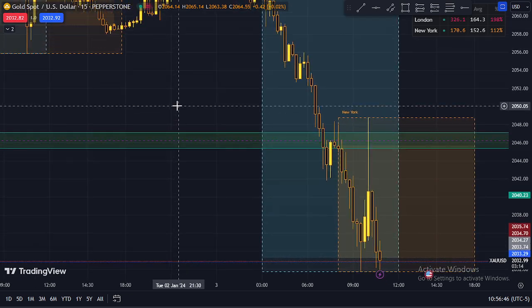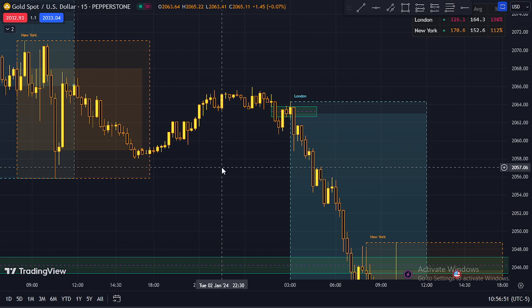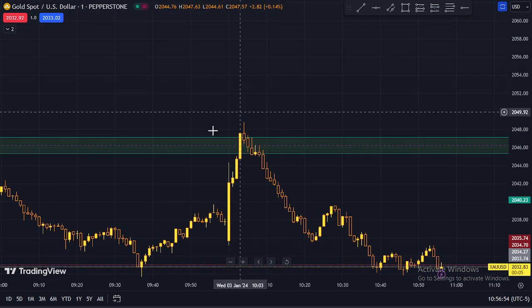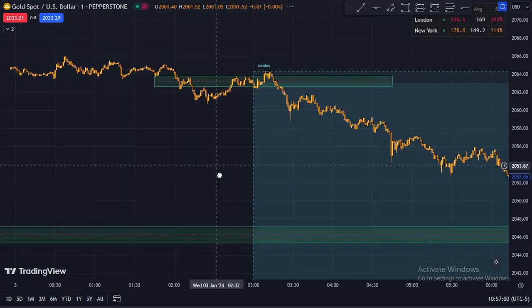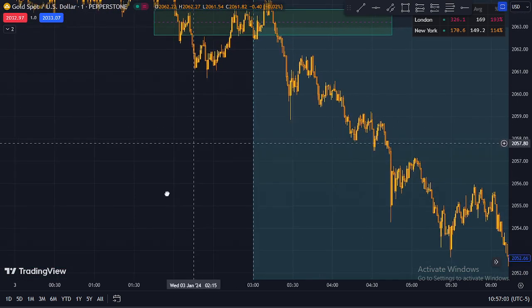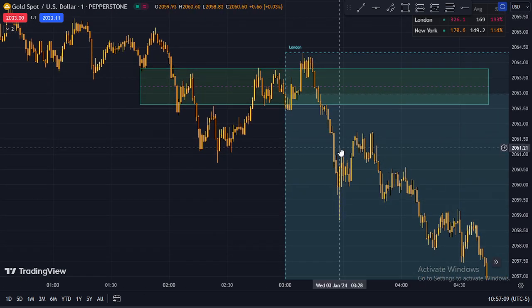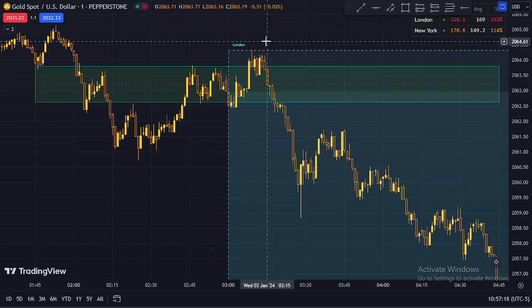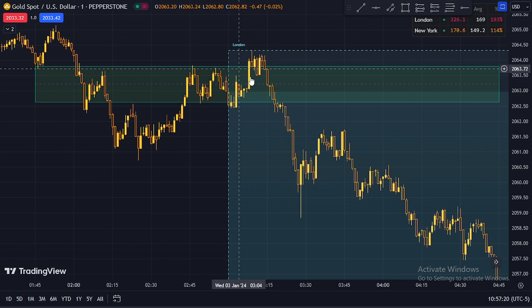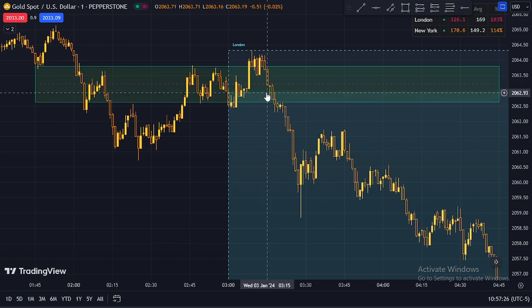So if we go to a 1-minute chart right here, we had these relative equal highs taken out right there, and then we had a swing low taken out, and then, as you can see, this kind of traded to the upside.